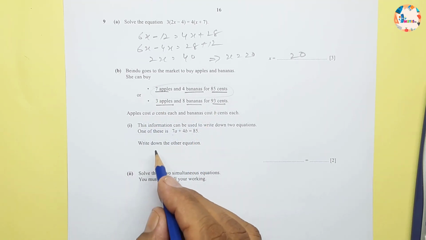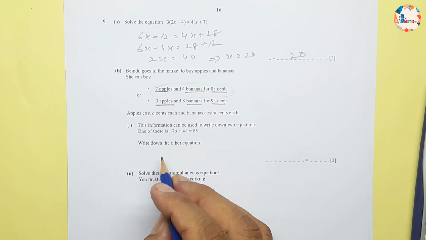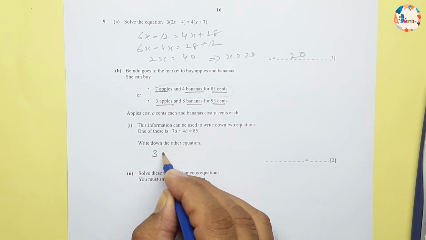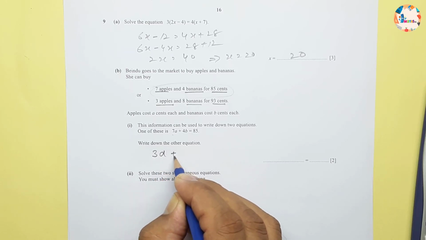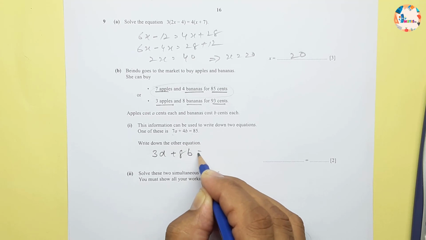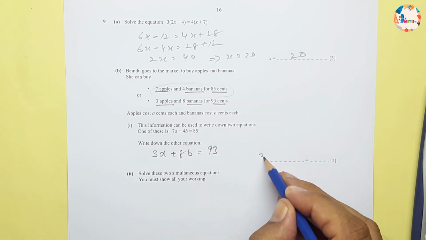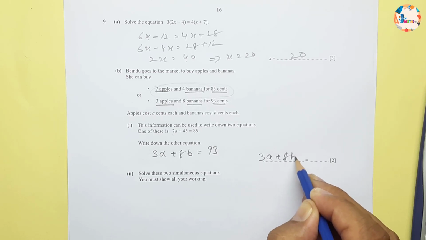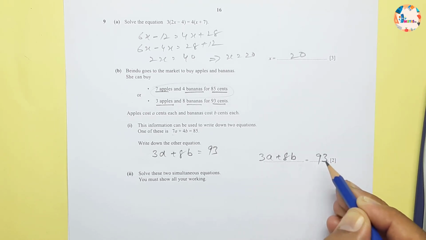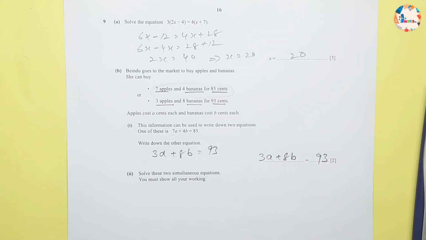Similarly, we will be writing the second equation. That will be 3 apples, which is A, plus 8 bananas, so 8B is equal to 93 cents. So our equation will be 3A plus 8B is equal to 93. Now the second part is solve these two simultaneous equations.